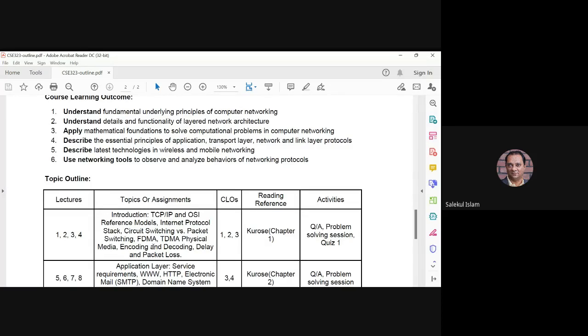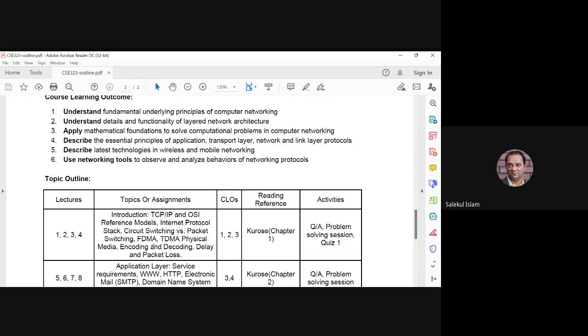If I compare the same course, computer networks, that I did in my BUET life, I think it was maybe 98 or 97, something like that, during that time we also studied the internet, but only a small portion.